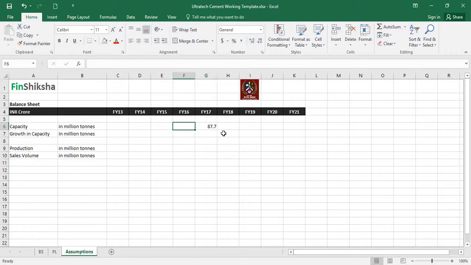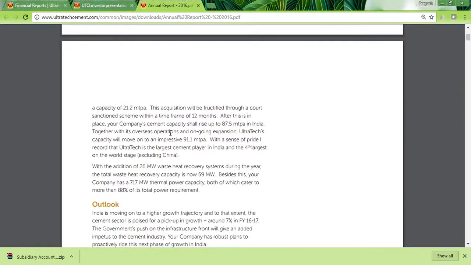Here, the capacity, obviously, because that data is not entirely available, is about 66.3 million tons, and previous year this number was 60.2 million tons. That is what has been told. This is the standalone data. There are some overseas operations, which are small, and some ongoing capex, which will take it to 91.1.